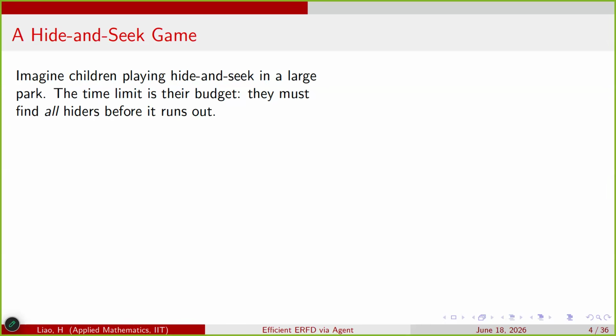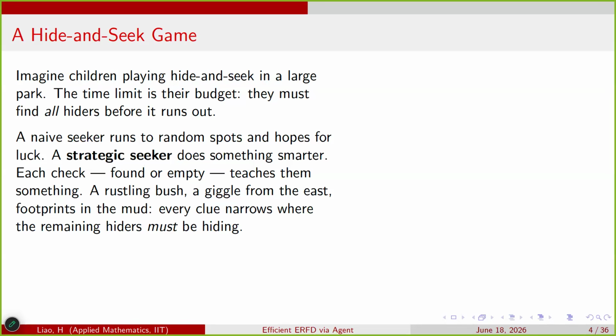Which means if we only have a naive seeker, or a random sampling kind of design, we just go to some random spots and hope for the best, hope for luck. And a strategic, smarter seeker will do something different.